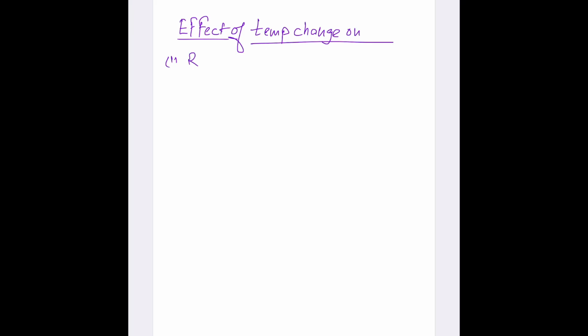Now we will study the effect of temperature changes on the resistivity and conductivity.